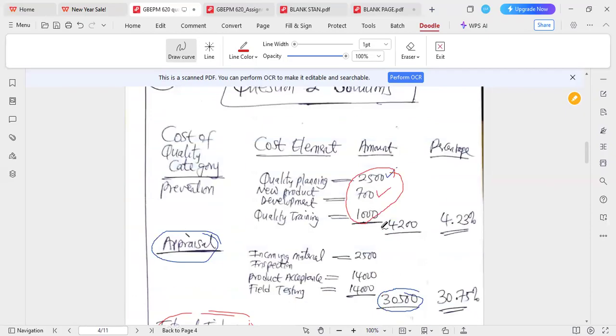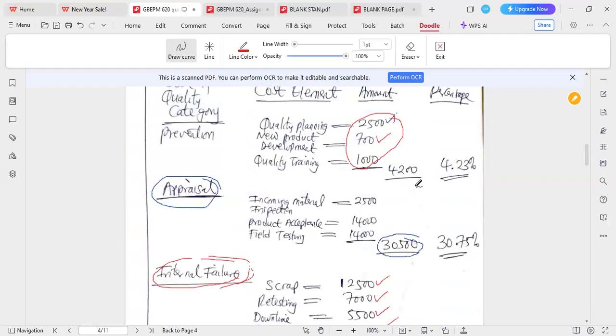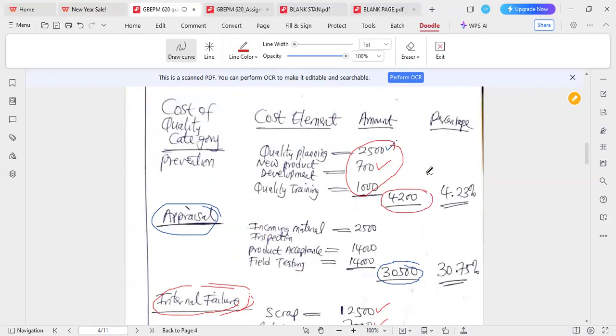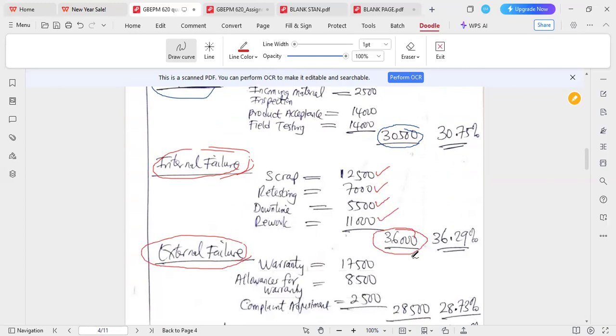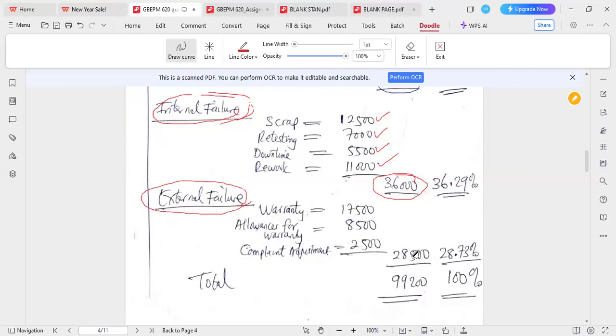2,500. So meaning that the total cost comes to, all right, we have 4,200 for the total prevention cost, 30,500 for appraisal cost, and of course, internal failure cost is 36,000, external failure 28,500.